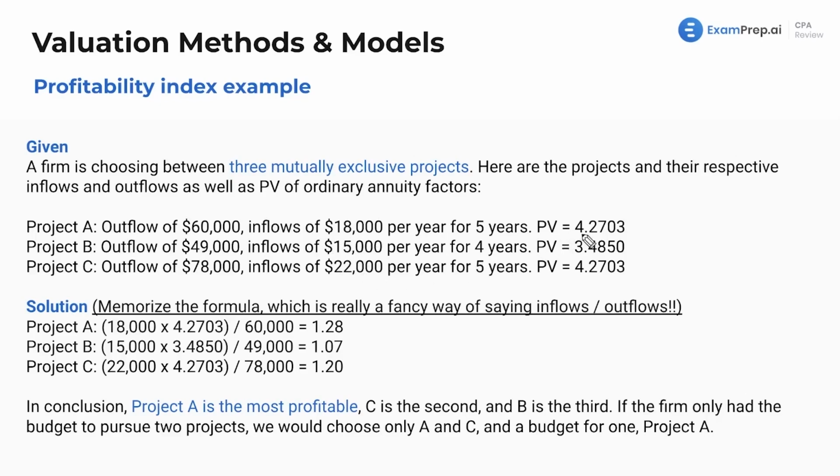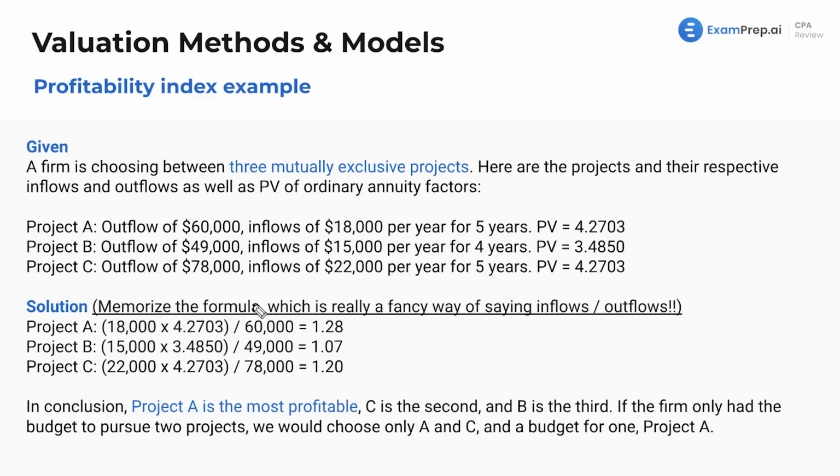Just memorize the formula. It's a fancy way of saying inflows divided by outflows. Let's rank their profitability. Outflows are all on the bottom: initial outflow 60, initial outflow 49, initial outflow 78. These could be building a new machine, a whole new factory, or a new farm, and they're going to give you inflows for a certain amount of time.